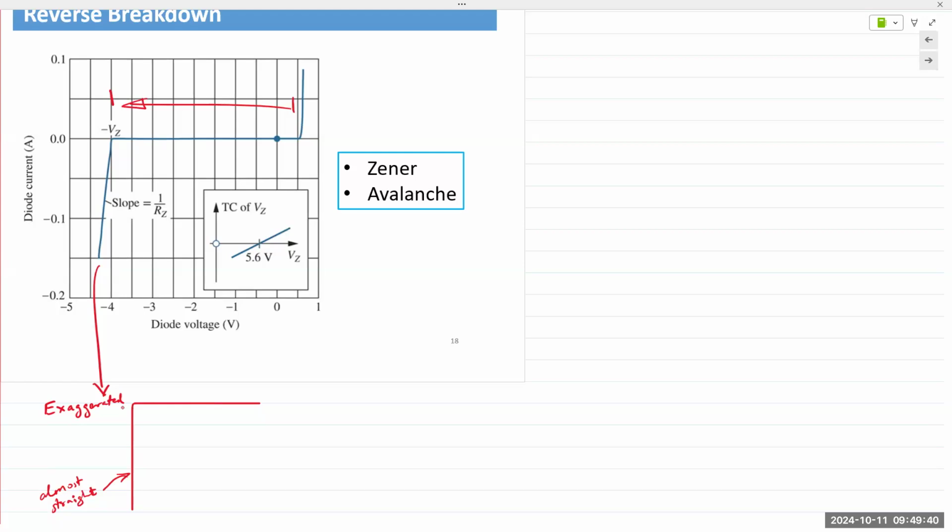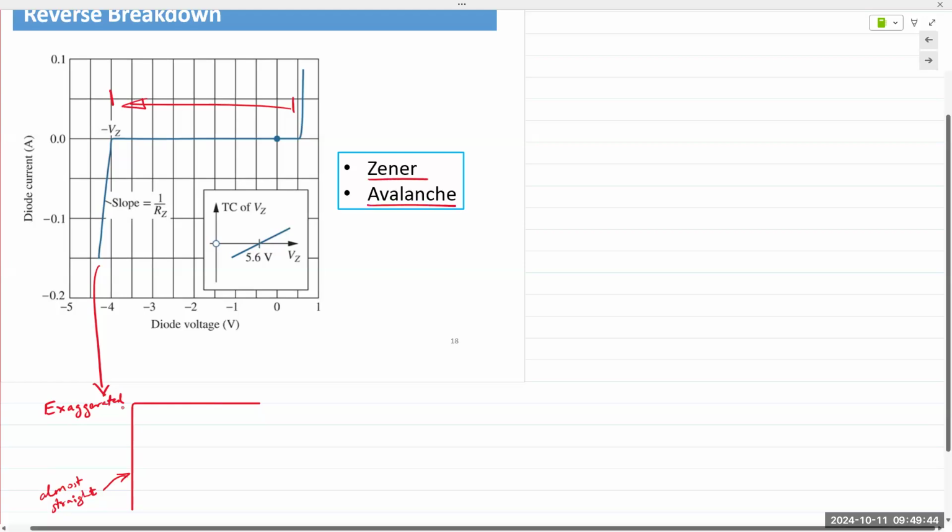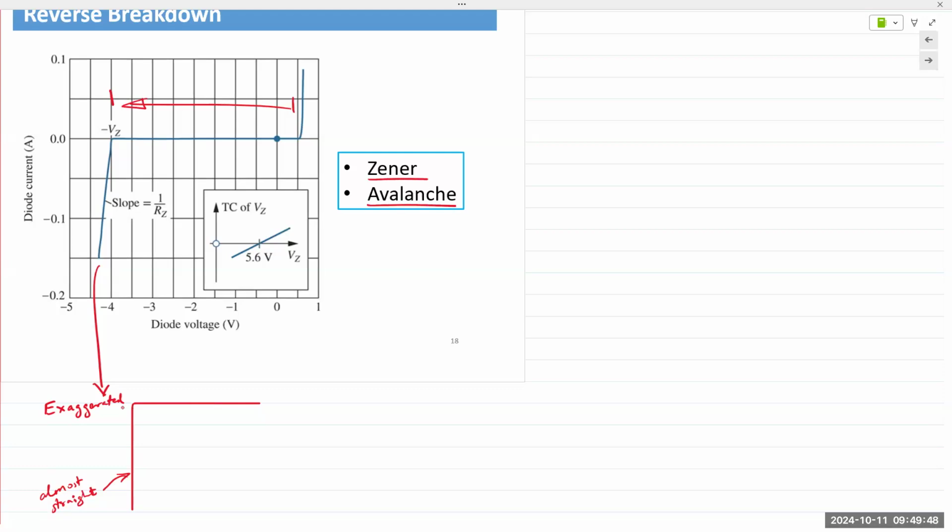So let's look at avalanche, then we look at Zener. In avalanche, you have these carriers that are freely moving around. Now they have acquired a large amount of energy from the external source. They are still being scattered and they have energy to move around.